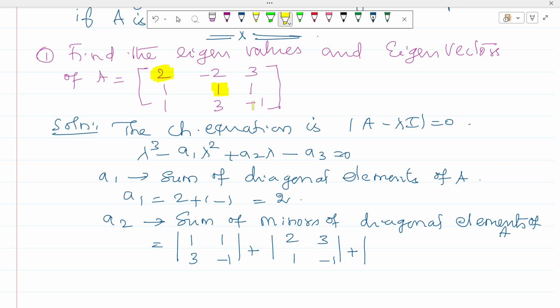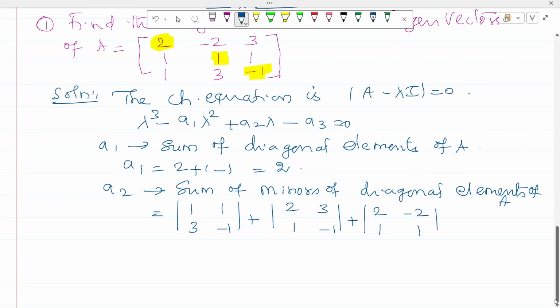The third diagonal element is -1. For that, the determinant is |2 -2; 1 1|. Now we can calculate this value.